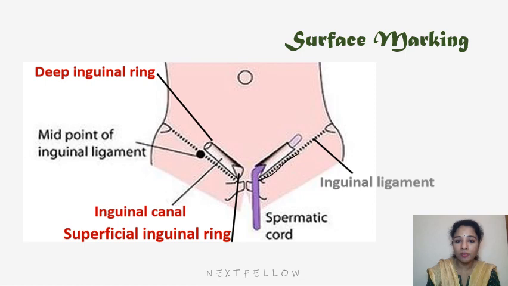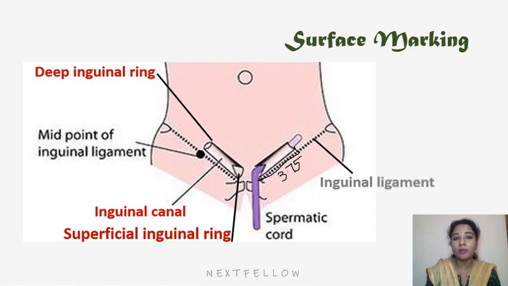The length of the inguinal canal is about 3.75 centimeters, and some say around 4 centimeters. That is 1.5 inches long, and it is directed downwards, forwards and medially, extending from the deep inguinal ring to the superficial inguinal ring.